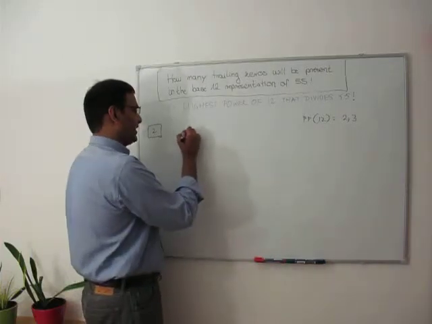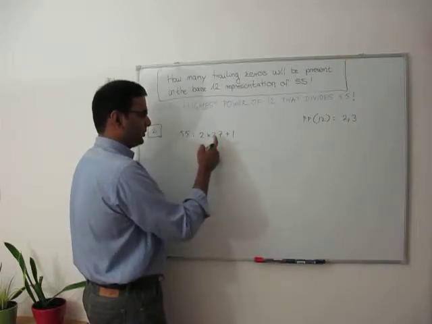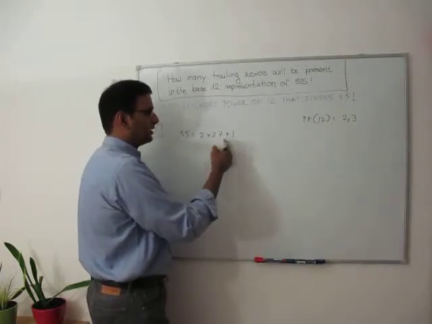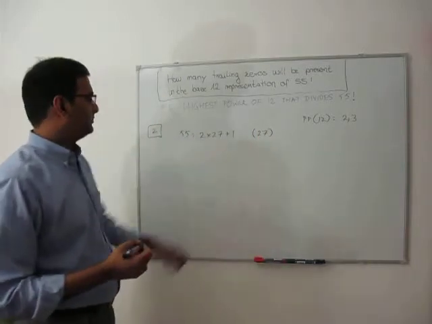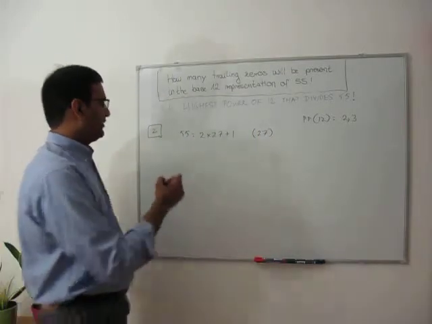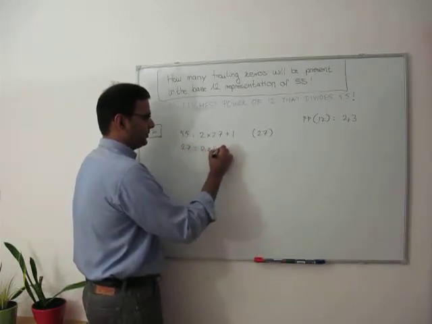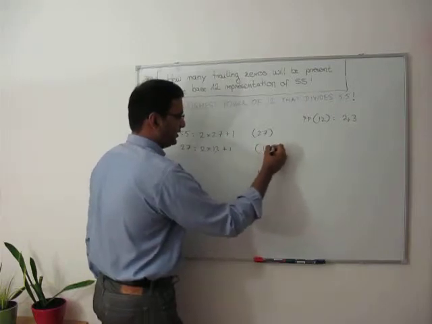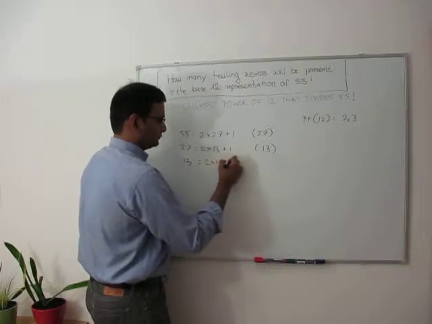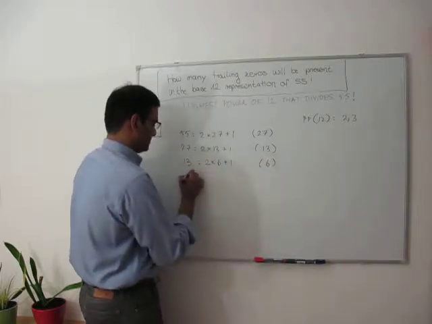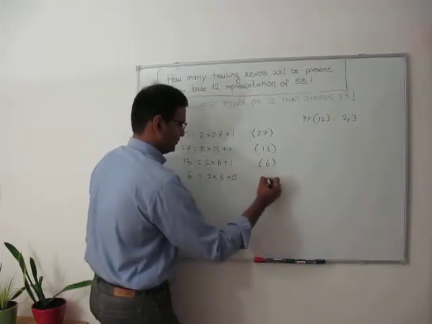So 55 could be written as 2 times 27 plus 1. 27 is the quotient, the number we are interested in. We need to successively divide 27. That would be 2 times 13 plus 1. Again 13 here. 13 is 2 times 6 plus 1. Six would be 2 times 3. Perfect. So that would be 3.